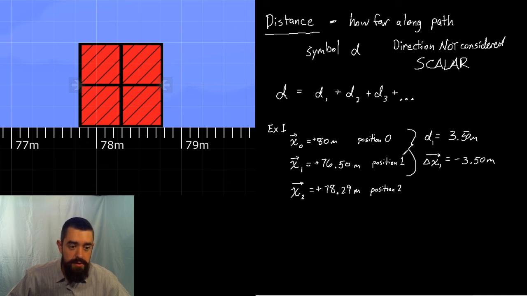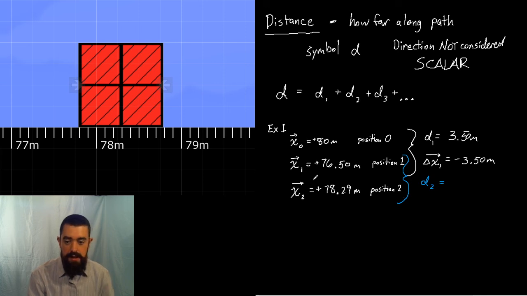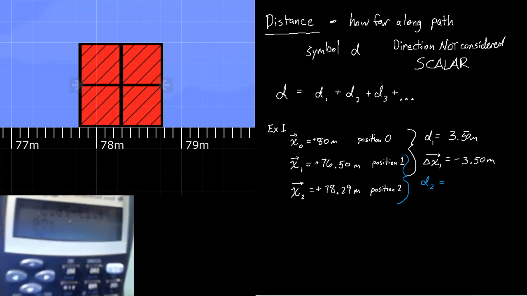So let's talk about from position 1 to position 2. Call that d2. So I went from 76.5 to 78.29. So let's do that calculation. The difference between those two is 78.29 minus 76.5. Okay, and for that, I got 1.79.